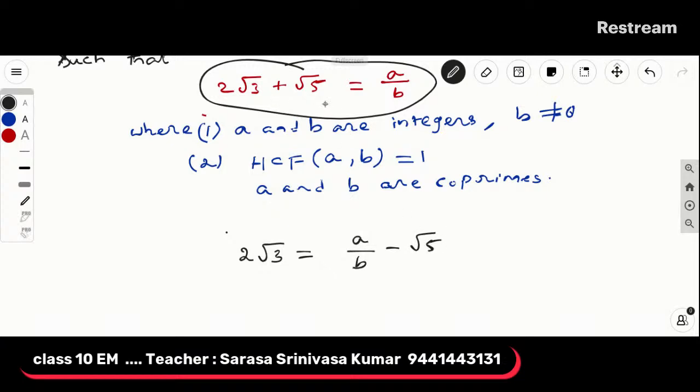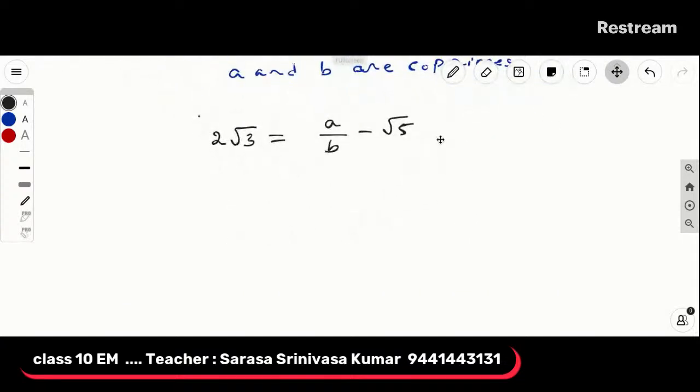We have rearranged the given problem. Squaring on both sides.